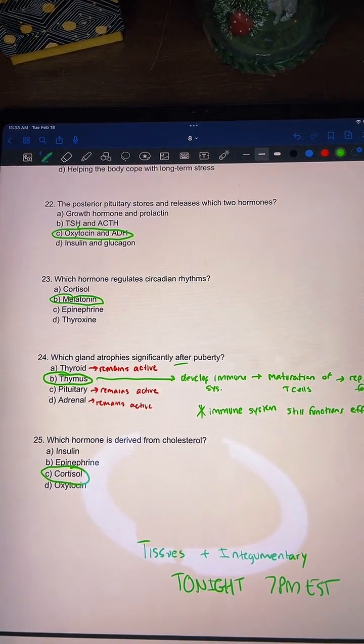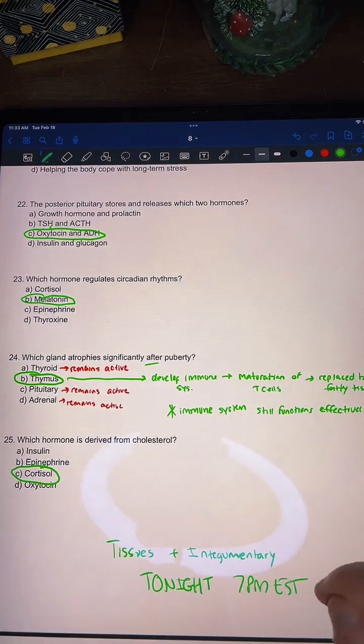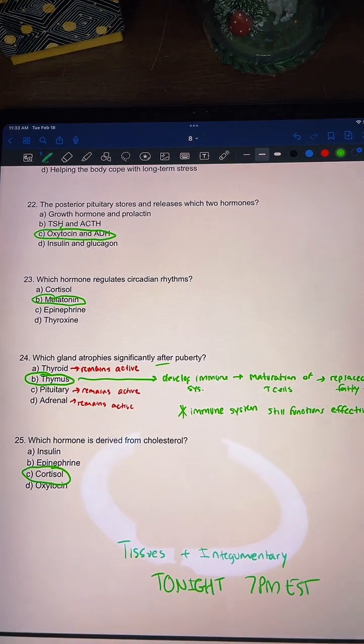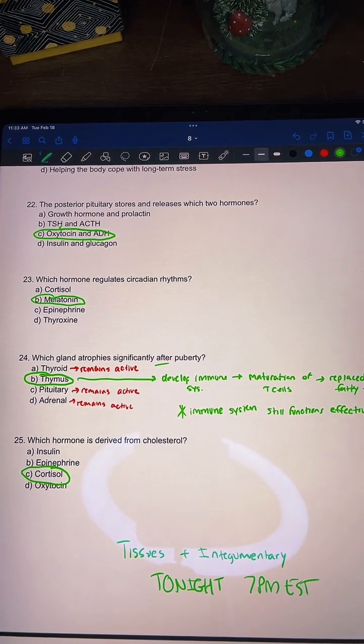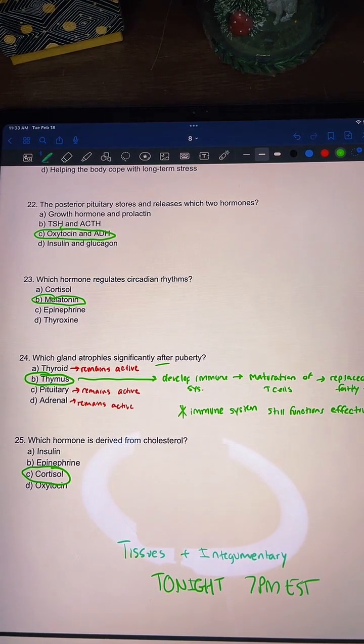Was anybody confused on that at all? The anterior secretes, and posterior stores and secretes. Yes, that is perfect. That is a good example. I can get into some more detailed stuff once we finish the questions.